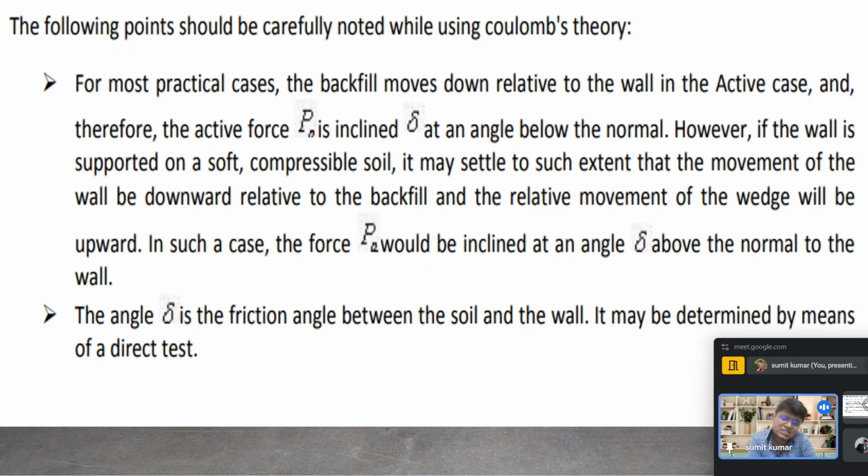However, if the wall is supported on soft compressible soil, it may settle to such an extent that the movement of the wall is downward relative to the backfill and the relative movement of the wedge will be upward. In such cases, the force PA would be inclined at angle delta above the normal to the wall, and the angle delta is the friction angle between the soil and the wall. It may be determined by means of a direct test.